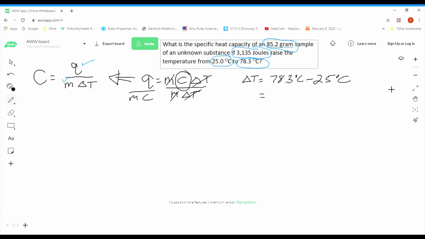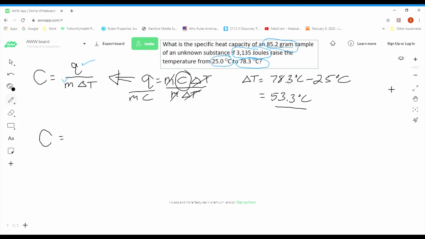We find a temperature change of 53.3 degrees Celsius. I'm going to double check it because I did that in my head. Yes, that's right. Sometimes when they're easy we tend to get a little lax, so double check it. So here's our delta T. Now we have our Q, our M, and our delta T.